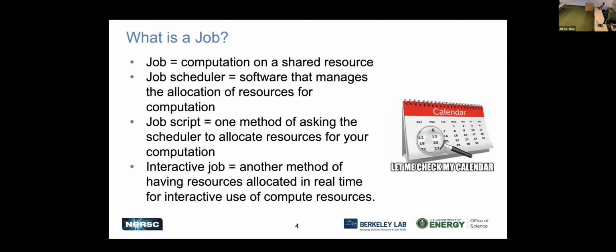And then you can also have a type of job. An interactive job is another job where resources are allocated in real time. It has specific limitations on you being able to run that interactive job. So at a high level, that is all of the constructs of what a job is. But let's talk a little bit more.